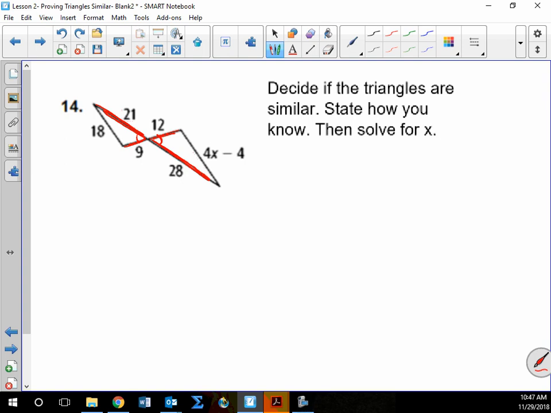But when we match this up, make sure you match up small with small, medium with medium. What's my small side here? 9 and 12. Good. So 9 compared to 12, and then we're comparing 21 to 28. Notice I'm keeping that same order. Left to right, left to right. You could also do 9 to 21 and 12 to 28. All right, what does 9 to 12 reduce down to?